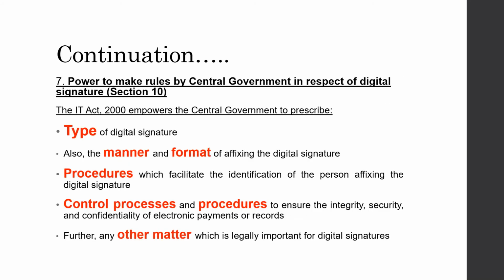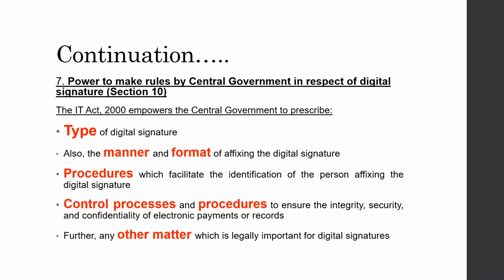So lastly, section 10 is telling power to make rules by central government in respect of digital signature. They're telling that central government also has power to make the rules and regulations relating to the DSC, means digital signature matters. So IT Act 2000 has this provision that central government can prescribe about this digital signature.